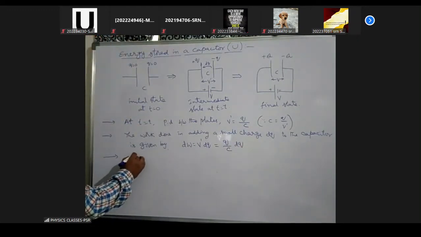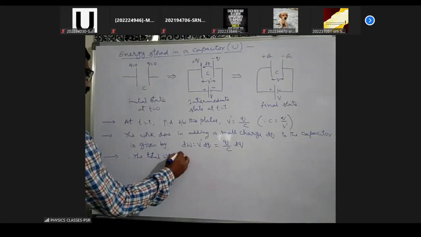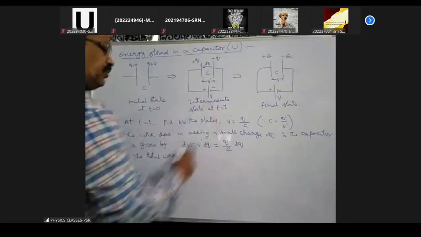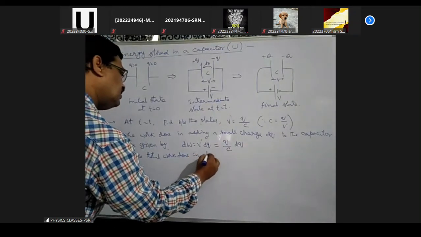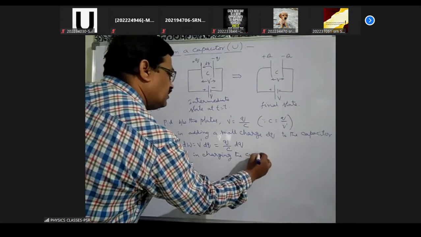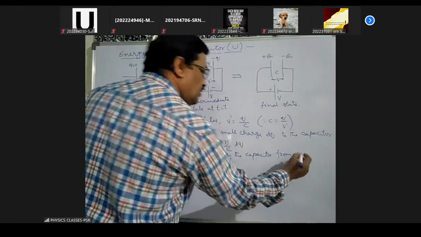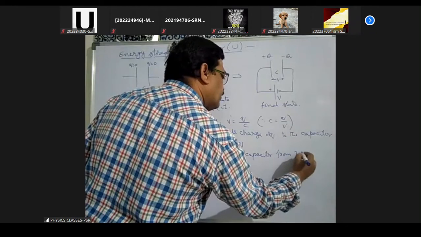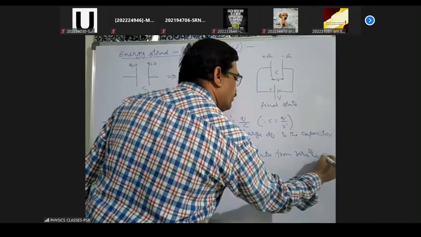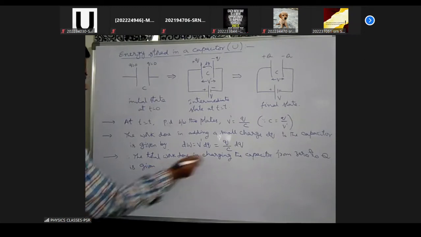Therefore, the total work done in charging the capacitor from 0 to plus Q, or simply Q, is given by, how can you get the total work done?